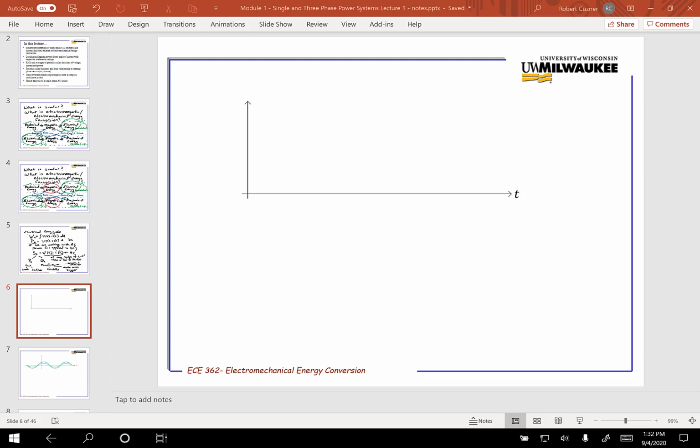So let's consider an example of this to try to understand just a little bit more about scalars. I'm going to show you here an x-axis.